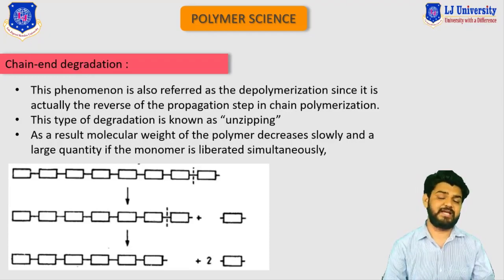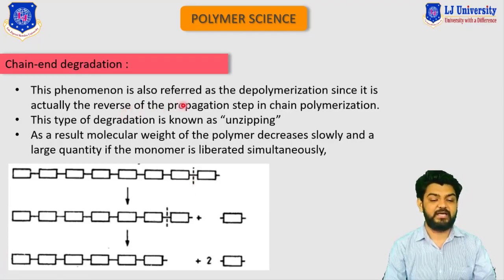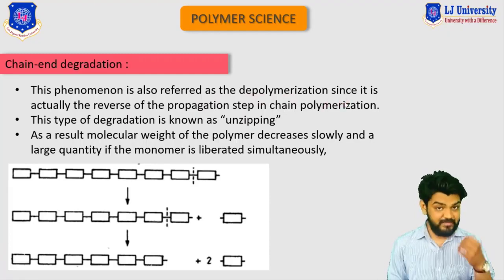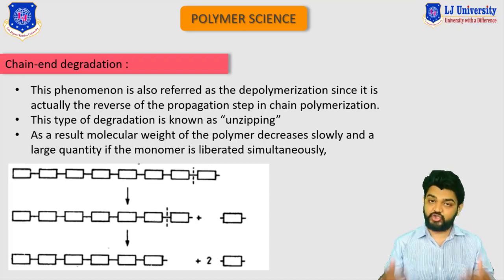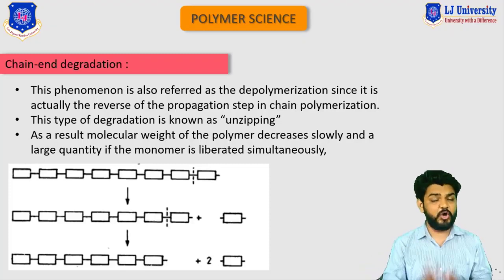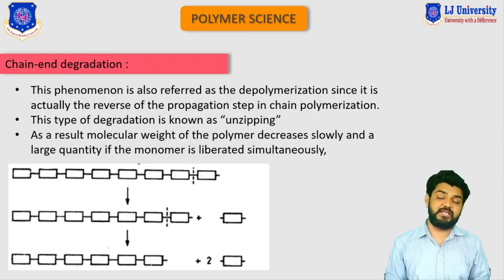This phenomenon is also referred to as depolymerization. In a polymerization technique, we combine or join monomers in order to form a long chain of polymer. But in the chain end degradation process, we are actually reversing the polymerization.